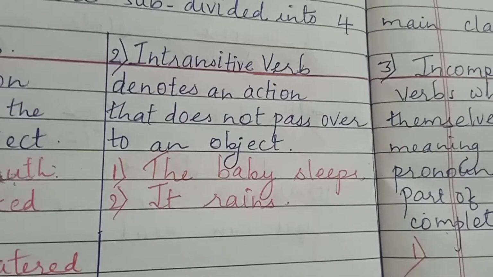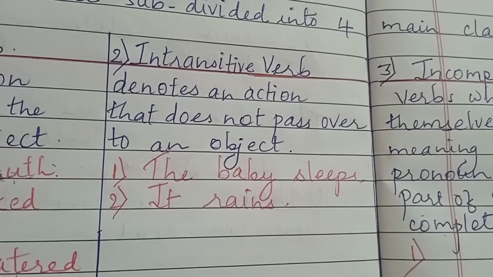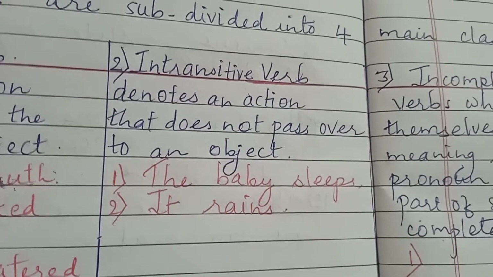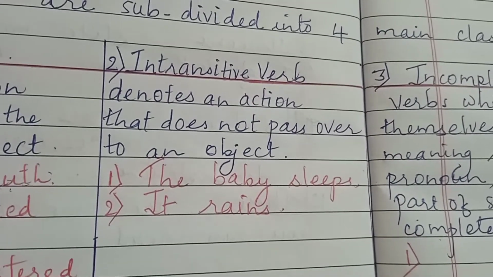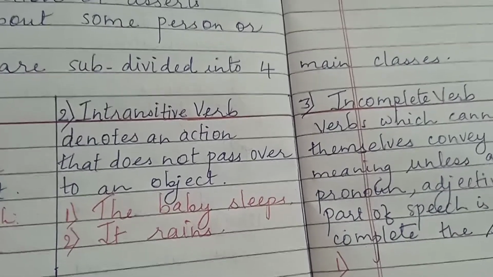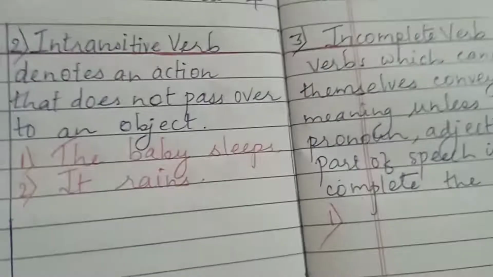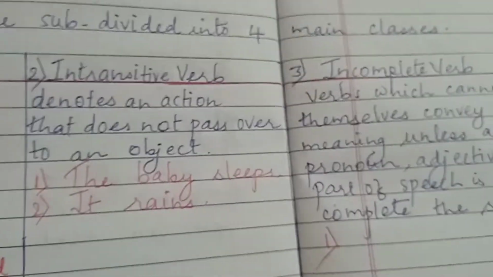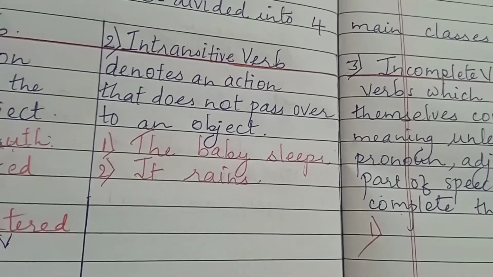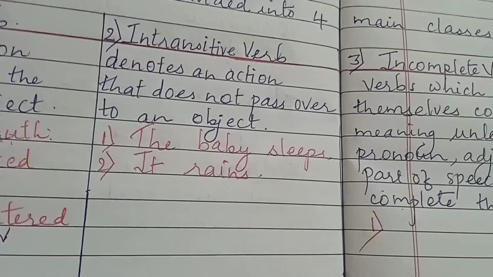When we say it rains, we understand it. Or we can say it thunders. So this type of verbs which do not require an object to complete its meaning are called intransitive verbs.